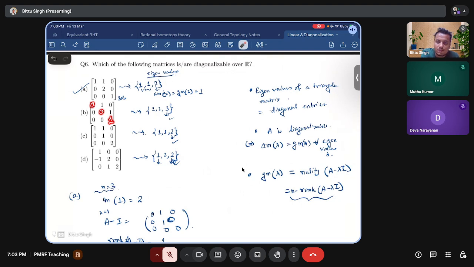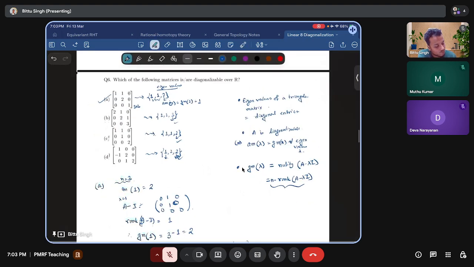There are two non-zero linearly independent columns, right? So the rank of A minus 2I is actually 2. Hence nullity is 1.